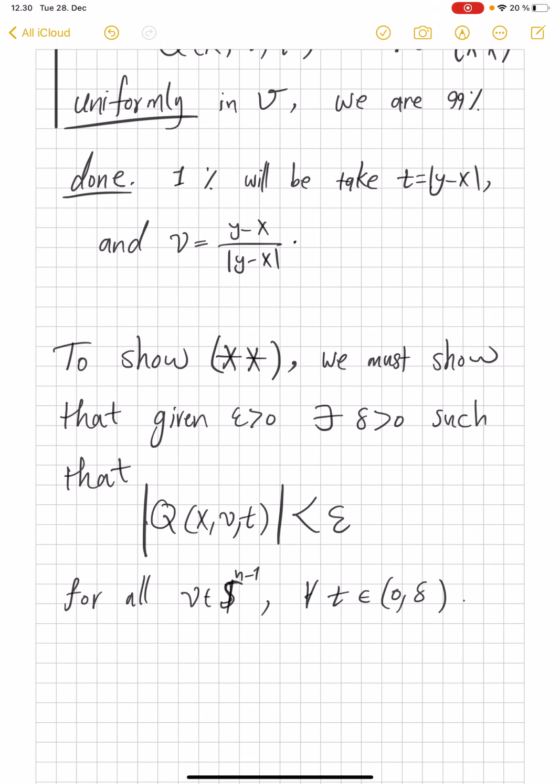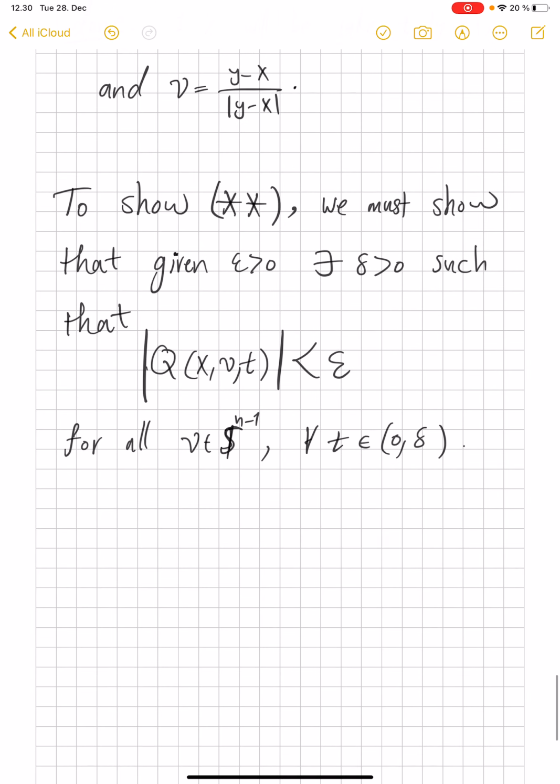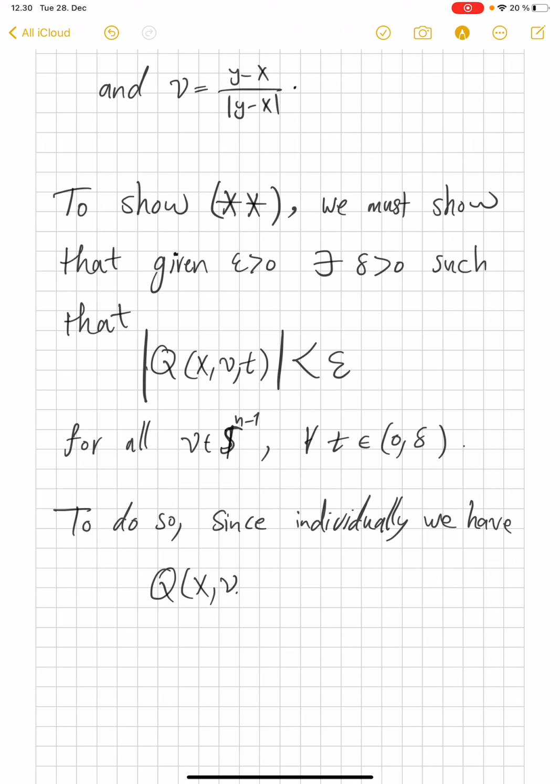Our x is like some good x that we've frozen. To do so, since individually we have q_x(vi,t), the good one, goes to 0 as t goes to 0.